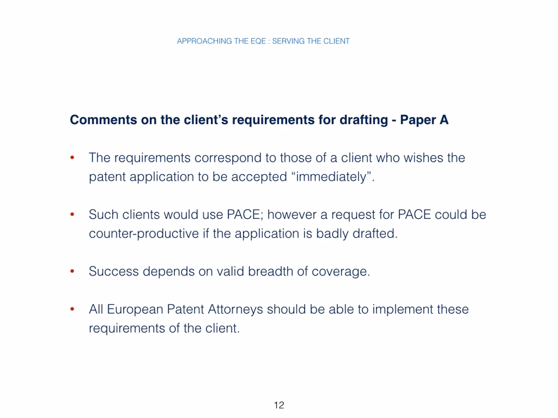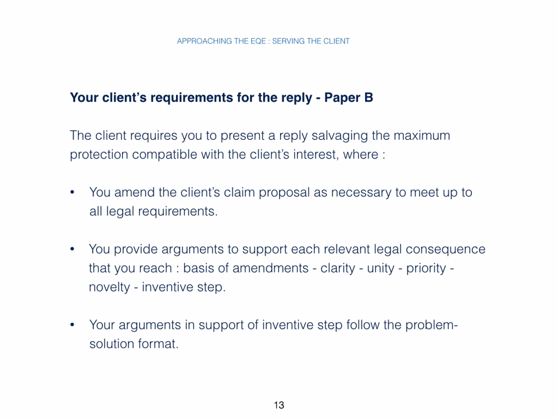Let's now look at the requirements for paper B. Here, the client requires you to present a reply to the communication from the European Patent Office where the examiner cites novelty-destroying prior art, where you have to salvage the maximum protection compatible with the client's interest, and where you have to meet up to the following three requirements.